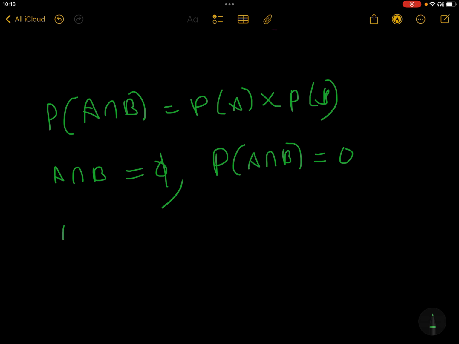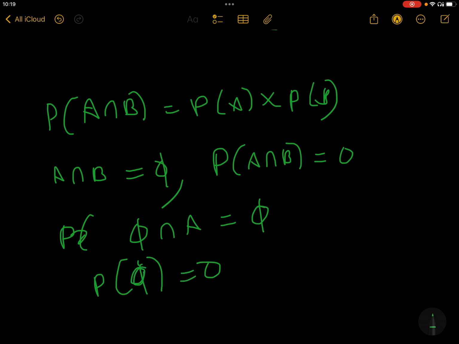The intersection of the null set with any set, that is A, is also the null set. The probability of the null set is always 0. Also the probability of the sample space is equal to 1. These things to remember. Thank you.